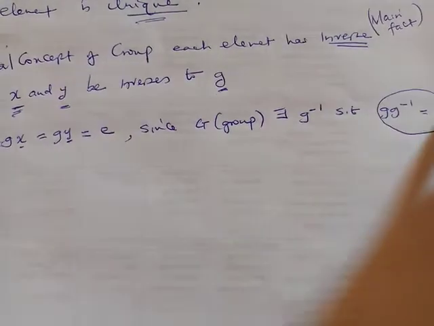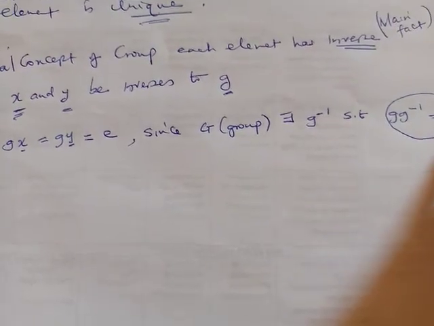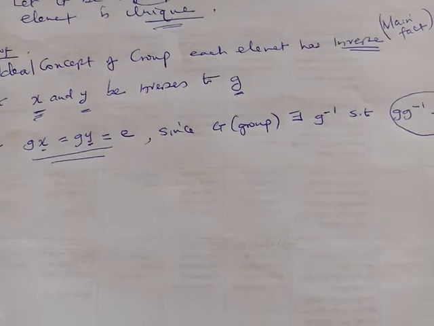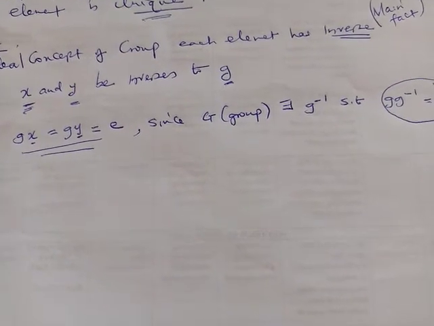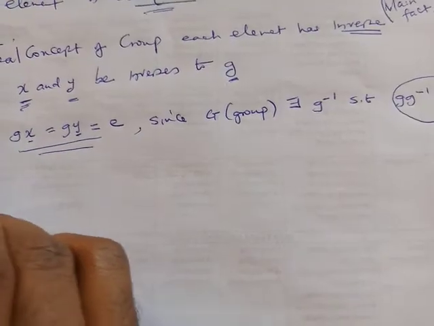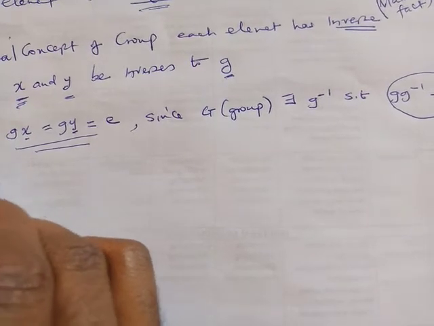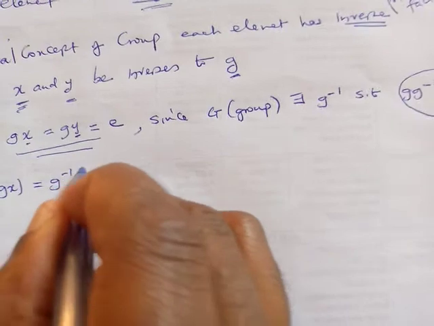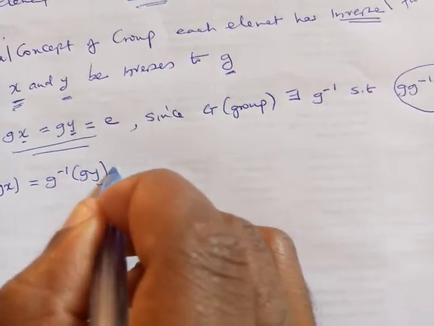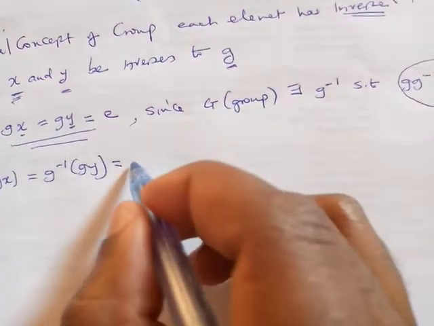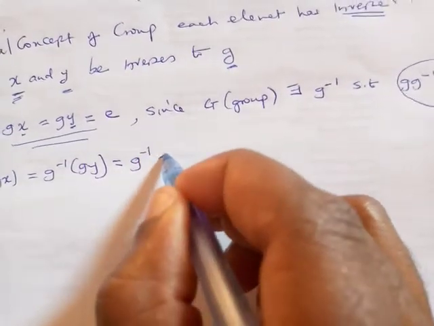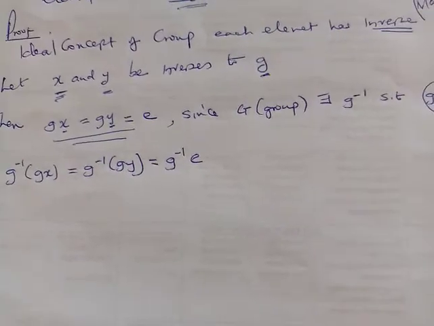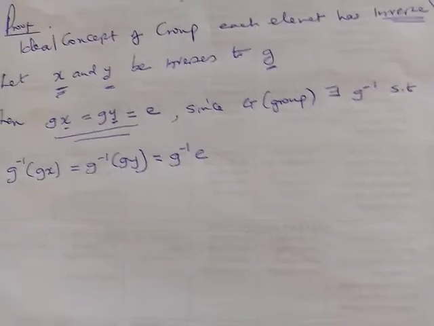Now, let's start from where we know. We know this. Let us now introduce this into this. So that if we do G inverse of Gx and we do also G inverse of Gy, we reduce this one to that. So literally, I have not done anything, but we have introduced a very important concept.